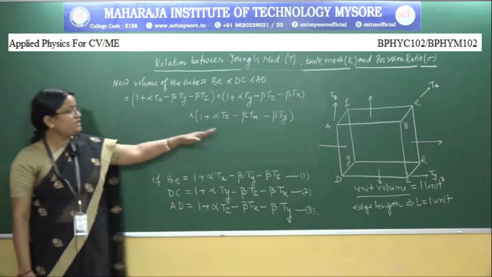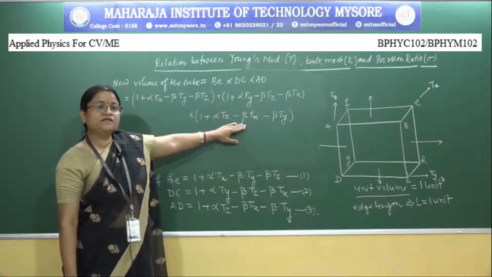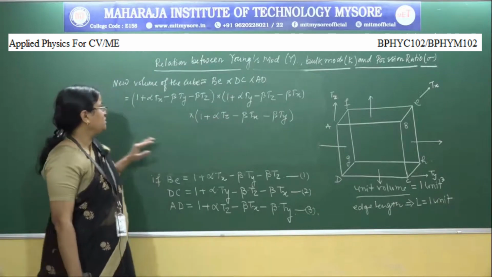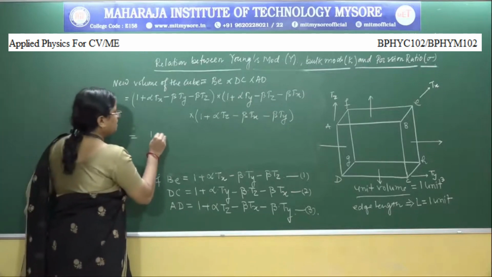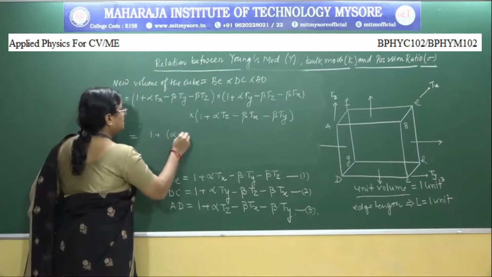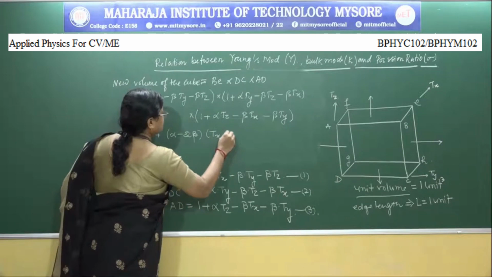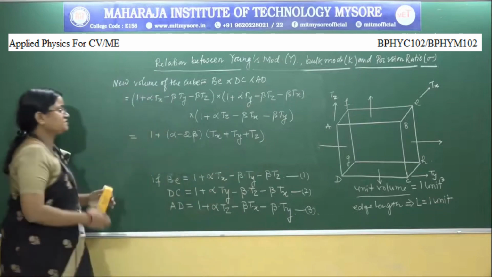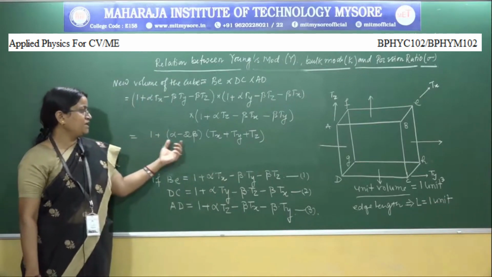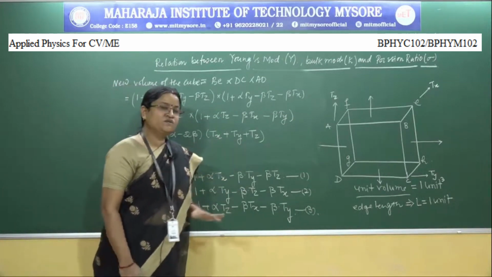So, if we multiply the whole and neglect the higher power terms, as alpha and beta are very small numbers, we will finally get the new volume. It will be equal to 1 plus alpha minus 2 beta into Tx plus Ty plus Tz.